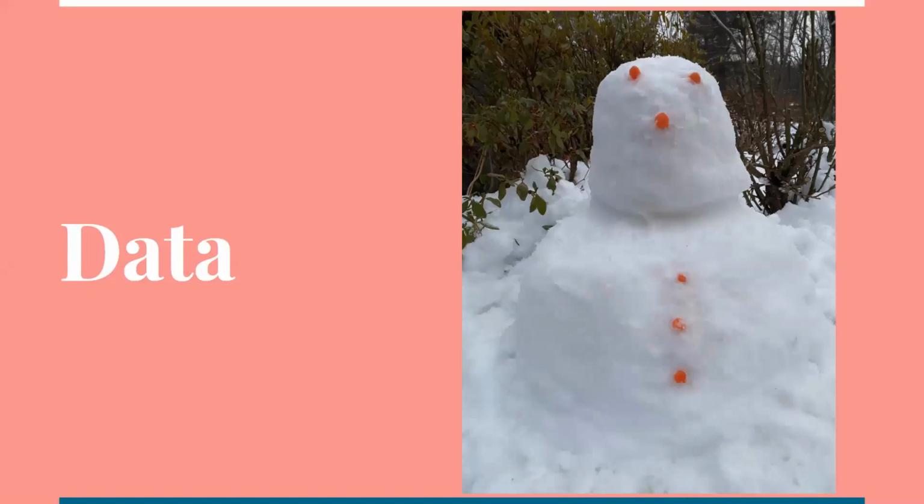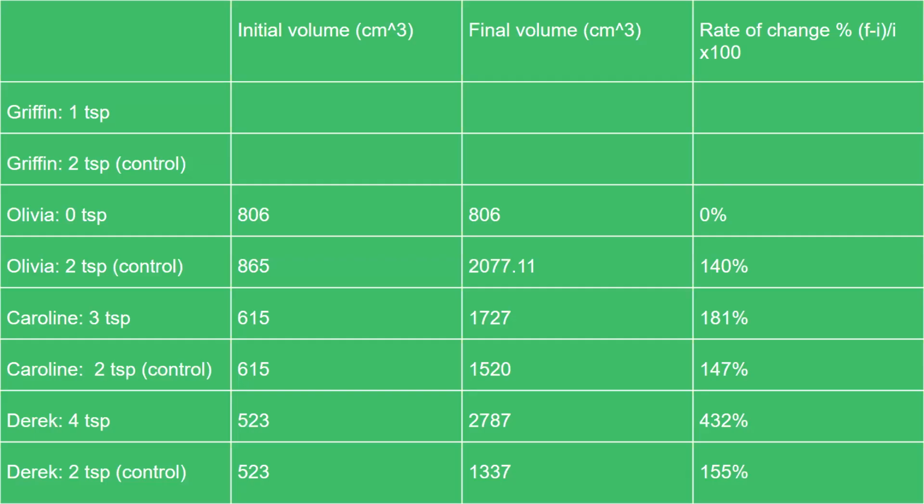So for our data, Olivia had at 0 teaspoons, the initial volume changed by 0%. At 2 teaspoons, the initial volume changed from anywhere from 140% to 155%.